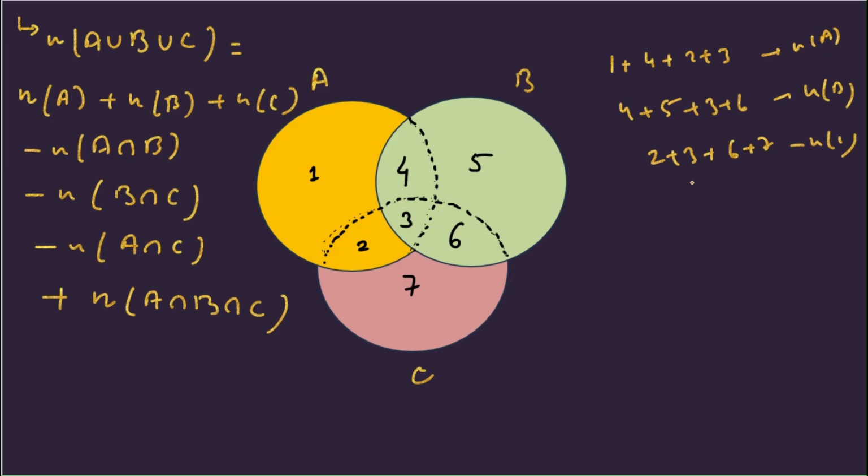Okay. Now let me write down these parts as well, the intersection parts. So if I try to subtract A intersection B, which portion is that? This is 4 and 3, right? So 4 and 3 is the A intersection B part. So minus 4 minus 3. Similarly, for B intersection C, I have 3 and 6.